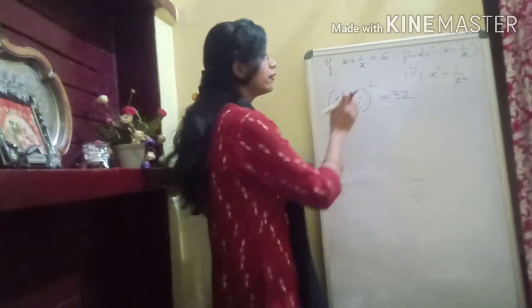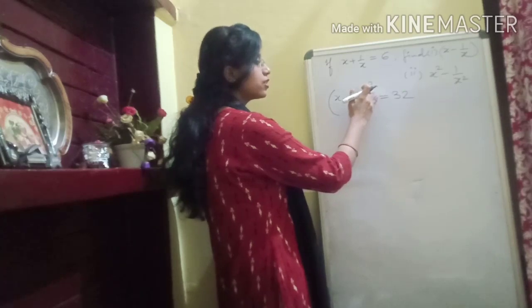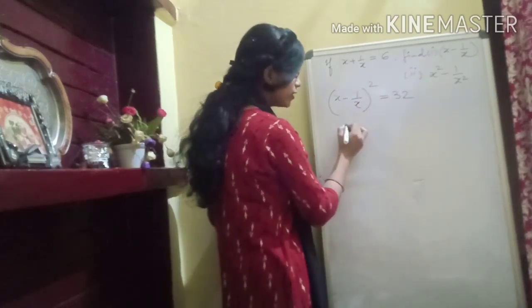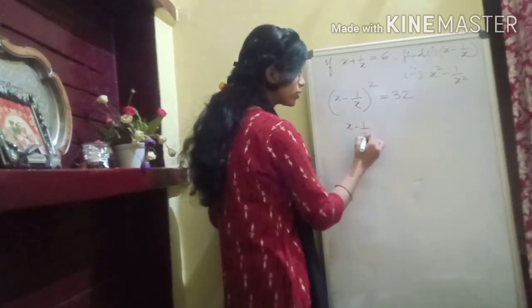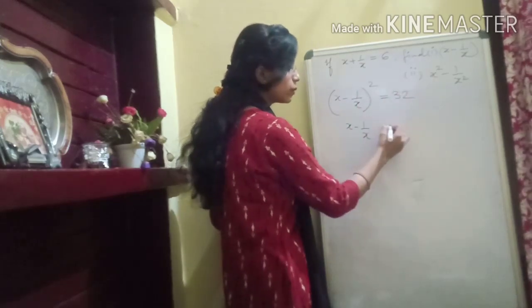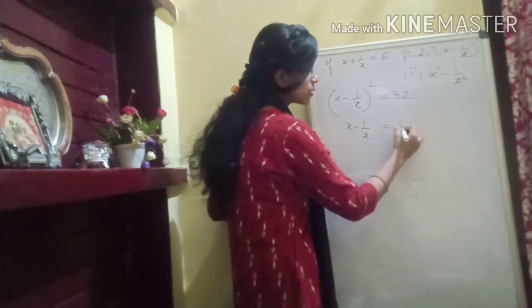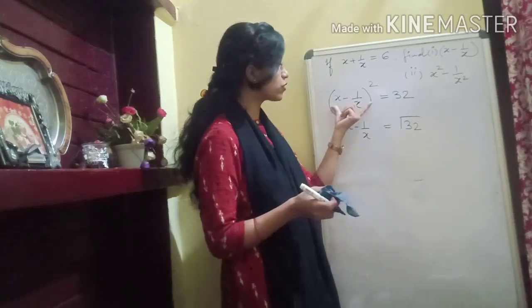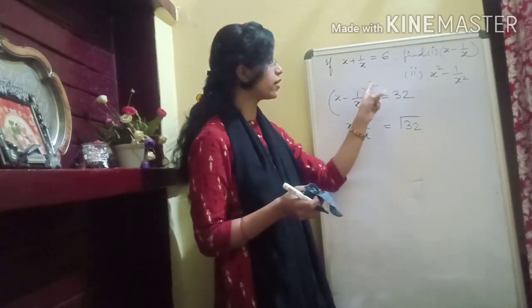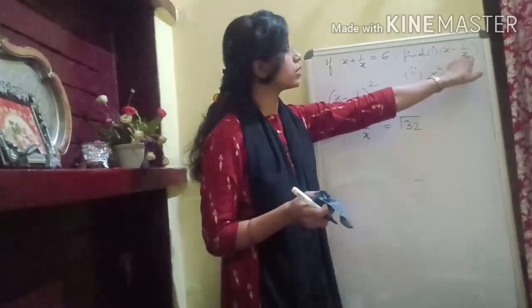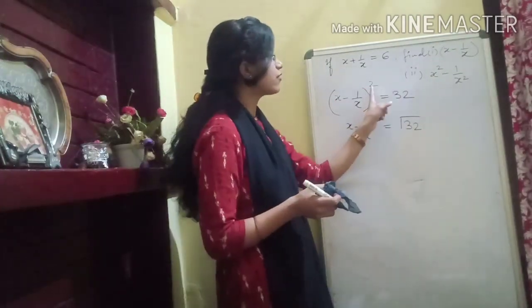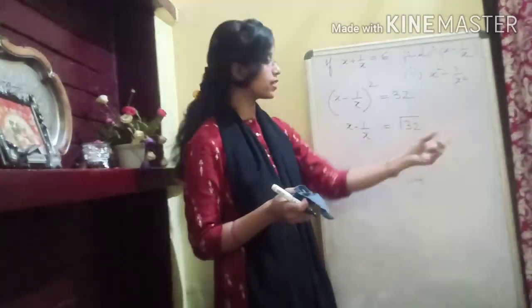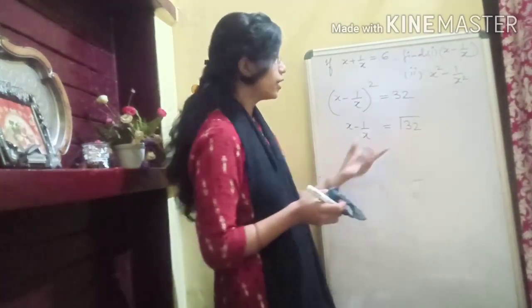So simple, when we have to remove the square, we take the square to the other side, and when the square goes to that side, it will be a square root. So it will simply be root 32, isn't it? Because we don't have to calculate x minus 1 upon x square. We only have to calculate x minus 1 upon x. That's why we have taken this power 2 to the other side, and that's how it has become a square root.